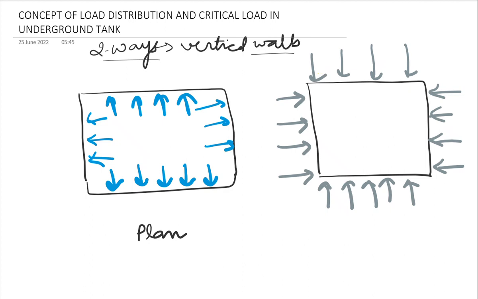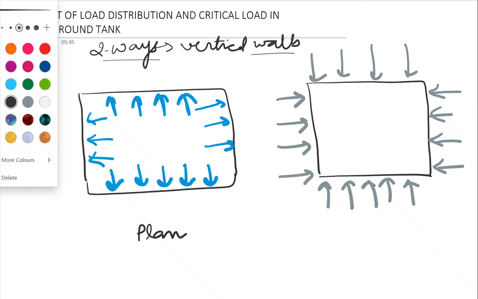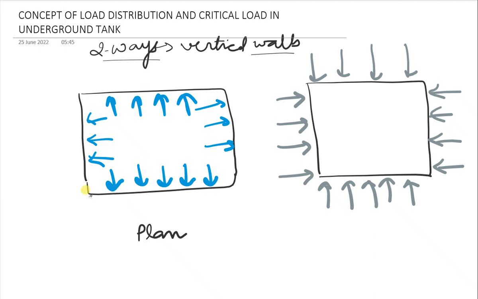Now let's draw some deflected shape. Because of this, these edges are a little fixed. This edge is fixed here and this edge is fixed here. So the deflected shape will be something like this. Let's choose a different color. So the deflected shape is like this.